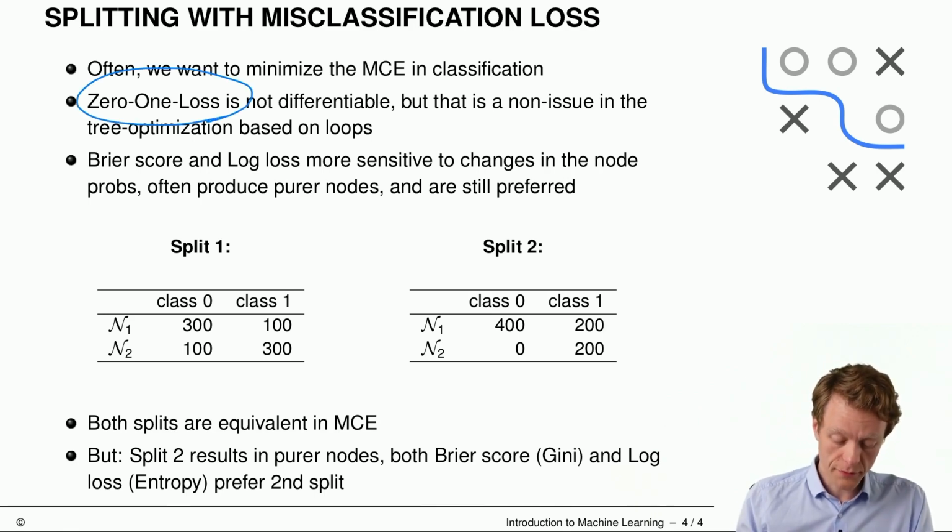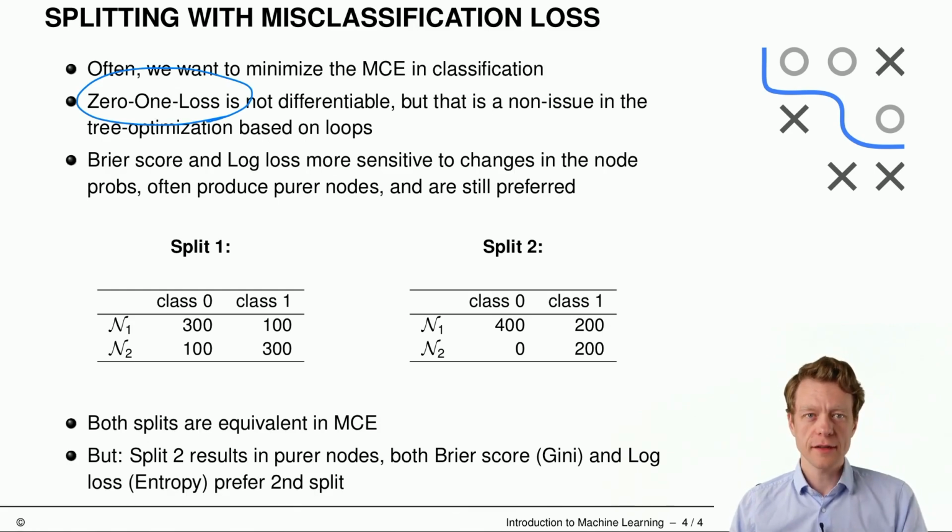And one problem of the 0-1 loss usually is that it is not differentiable. But in this case, we do not care too much about that. So it's a non-issue, because in the tree optimization, we are having just those loops and we do not really try to differentiate here. So using 0-1 loss is totally okay for growing a tree.